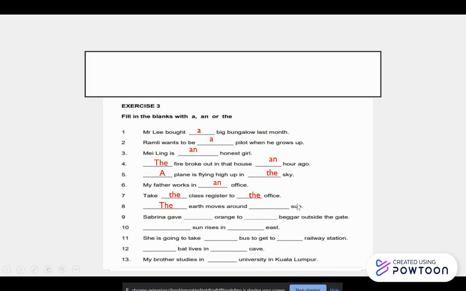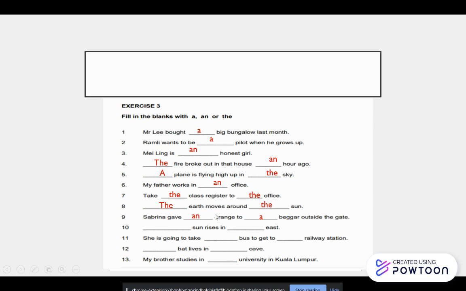The earth moves around the sun. So these are both definite objects, only specific. There's only one earth, there's only one sun. So because of that, we use a definite article. Sabrina gave an orange to a beggar, one beggar.